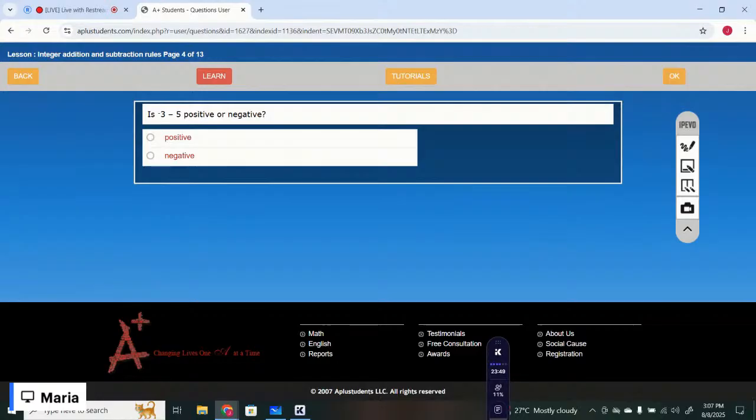Is negative 3 minus 5 positive or negative? Negative it is. Option number 2 is the correct option.